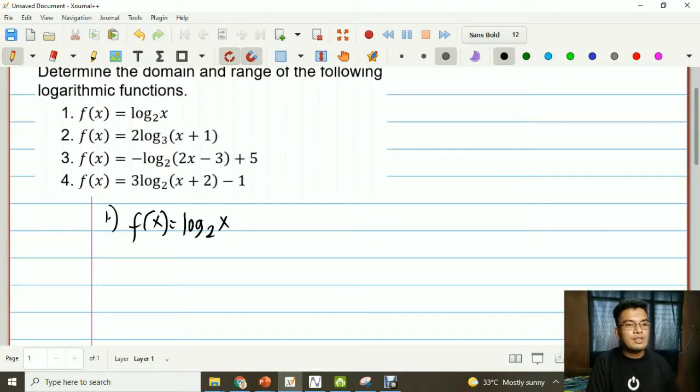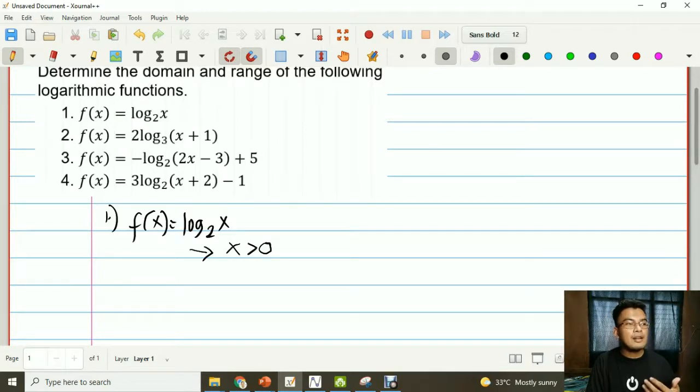So sabi doon sa ating previous slides, nakadepende po palagi sa argument na may variable na x yung magiging domain natin. So, ang gagawin natin dyan, i-consider natin yung argument, or yung expression na may variable na x, and then ikakabit natin yung greater than 0.